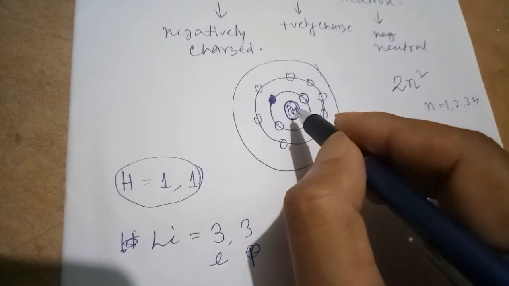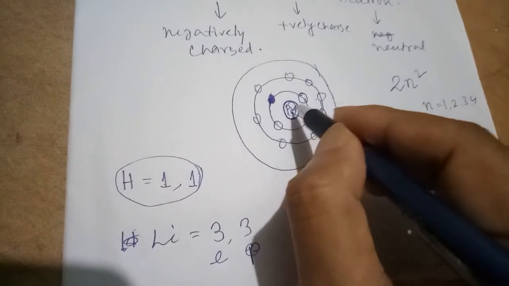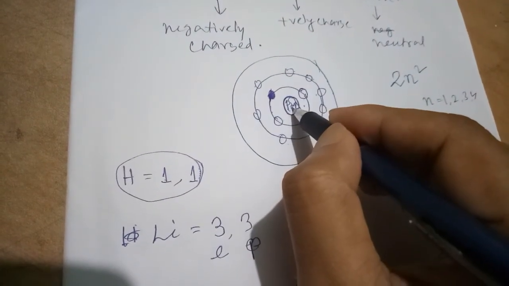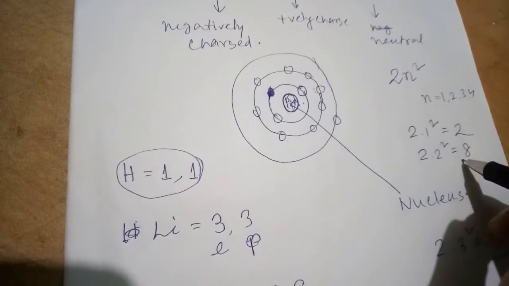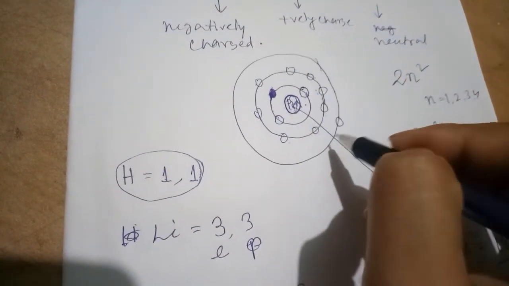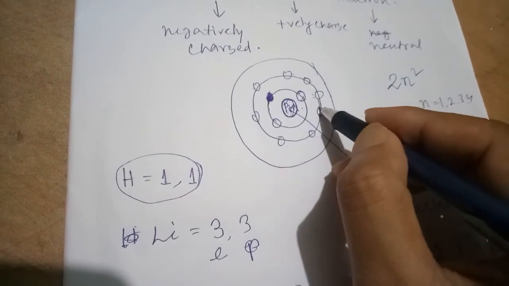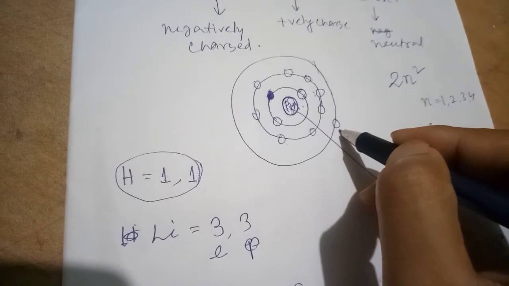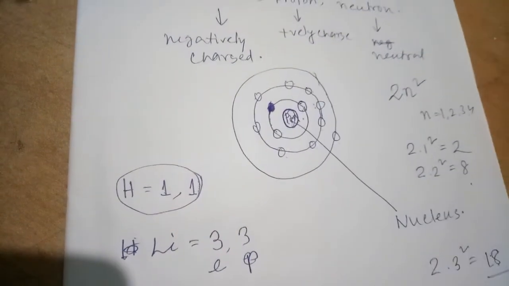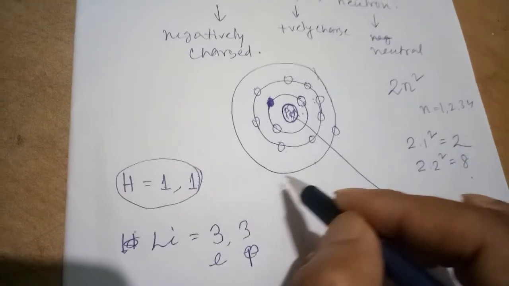Like that, electrons move around the positive nucleus in definite orbits, and definite numbers of electrons are present in each orbit. In the first shell there are 2 electrons, in the second shell 8, and in the third shell 18. In the next element, say magnesium, two more electrons will appear in the outer shell, and so on.